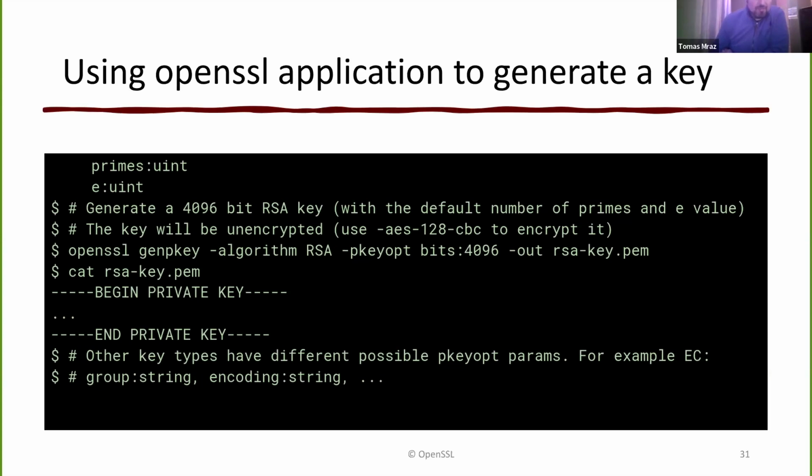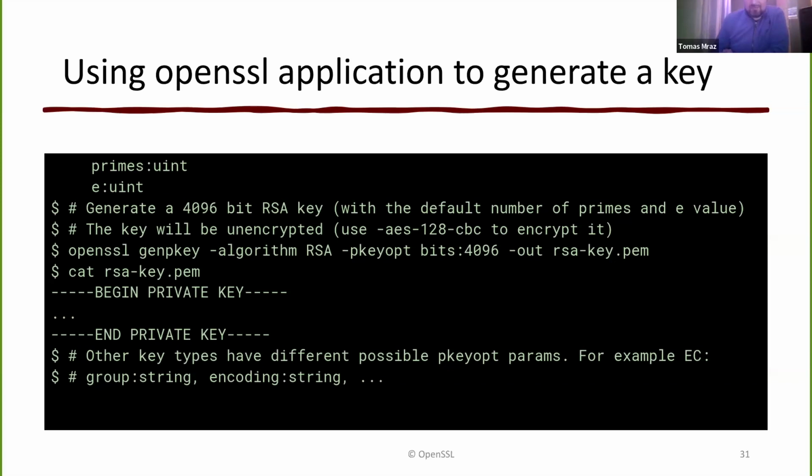In this example, we run openssl genpkey -algorithm RSA -pkeyopt bits:4096 -out rsa-key.pem. This will save the generated key into the rsa-key.pem file.